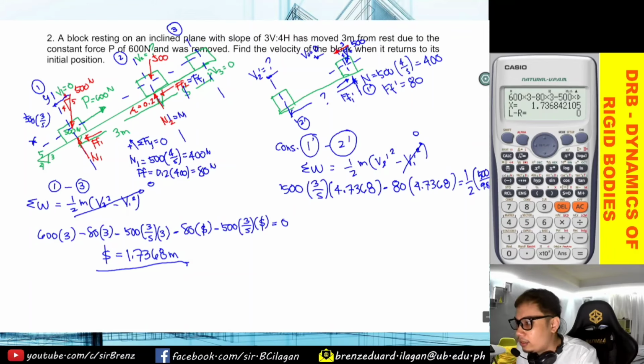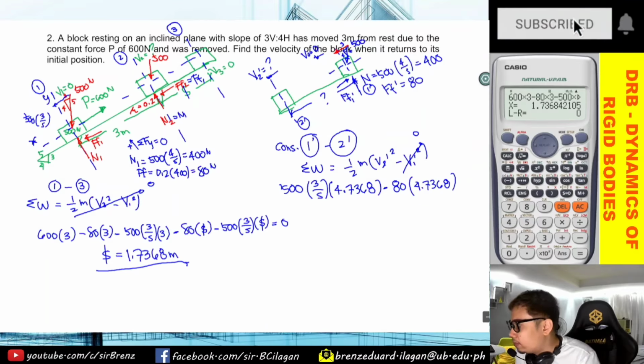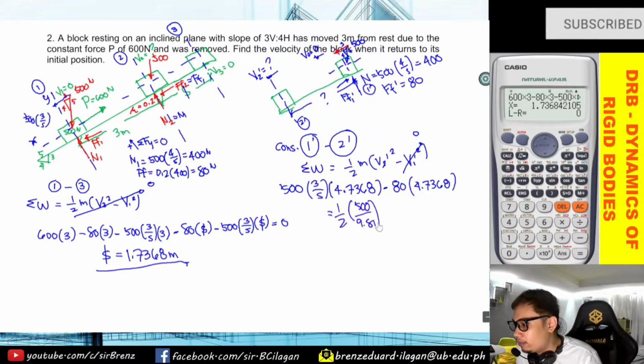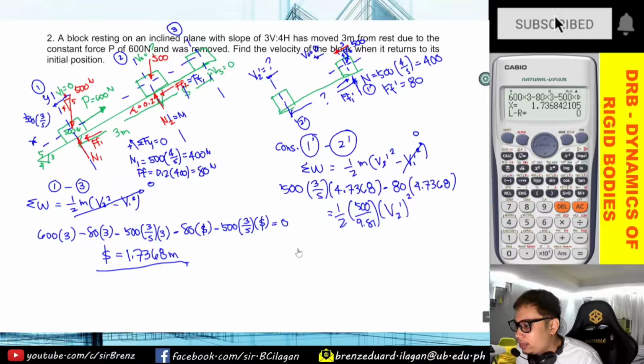Can you still see this on OBS? No. So I moved it down below. So, equals 1/2 of 500, which is in Newton, divided by 9.81 to make it mass, and then velocity 2 prime squared. So, what is our velocity when it returns to its original position?